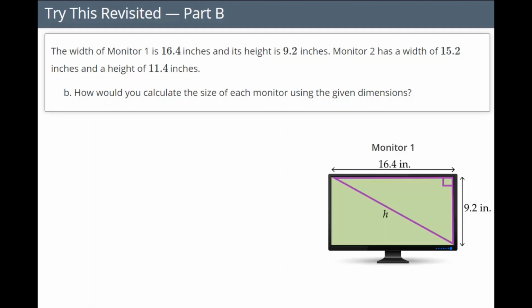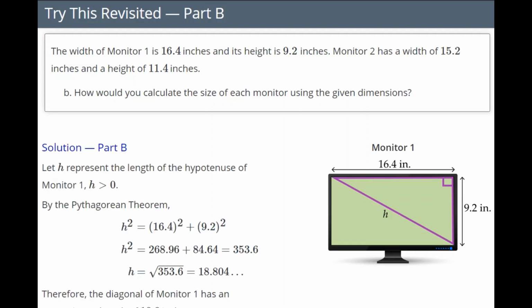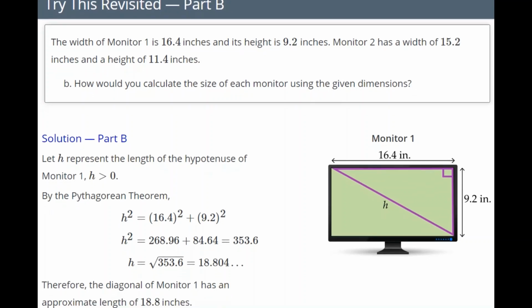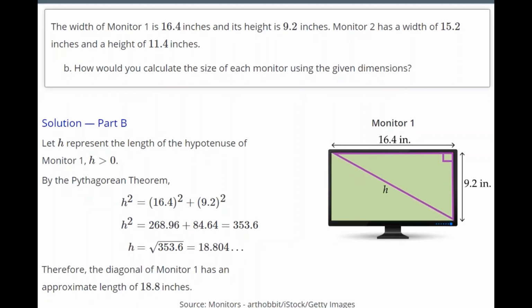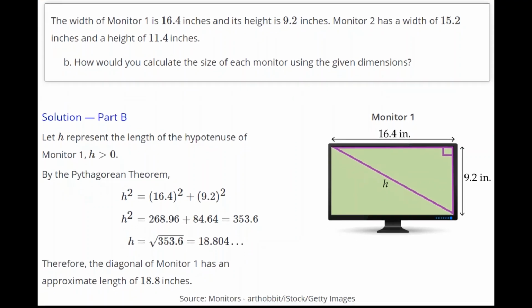How would you calculate the size of each monitor using the given dimensions? Let h represent the length of the hypotenuse of a right triangle which we imagine is on the screen. Now h is a positive number because it represents a length. By the Pythagorean theorem, we have h squared equals 16.4 all squared plus 9.2 all squared.